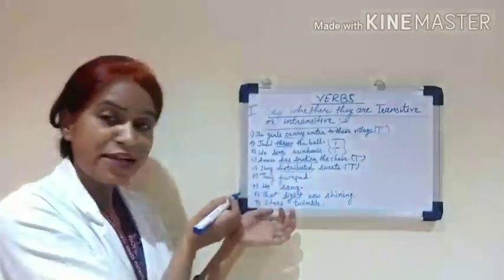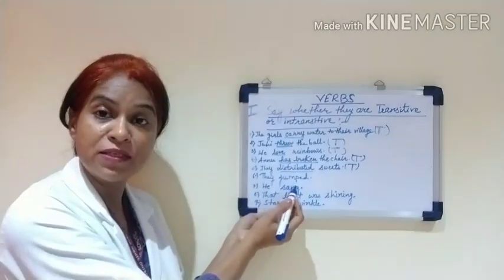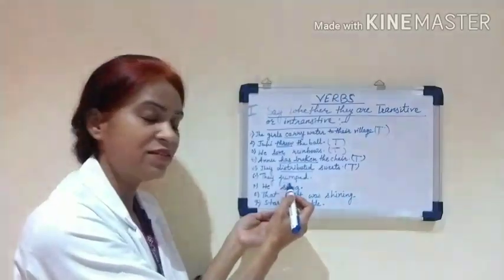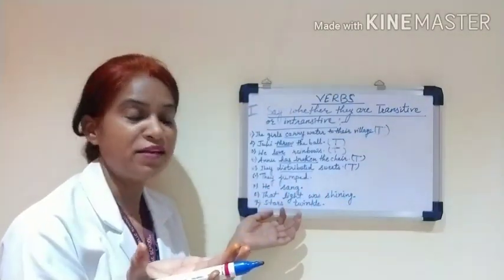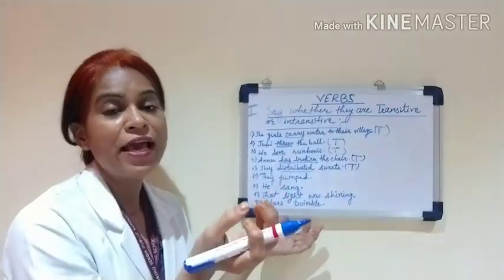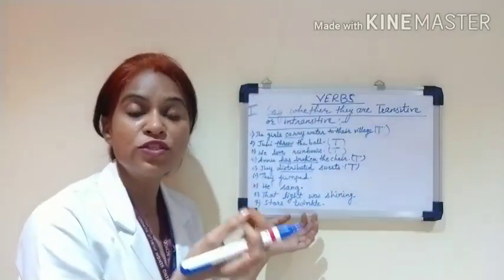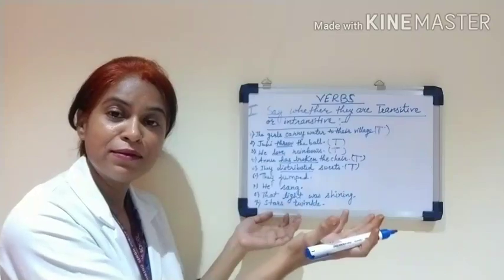Now moving to the next example. They jumped. What is the verb here? Jumped. This is giving correct meaning. If I say they jumped, you are getting the exact idea of what the sentence wants to say. He sang.